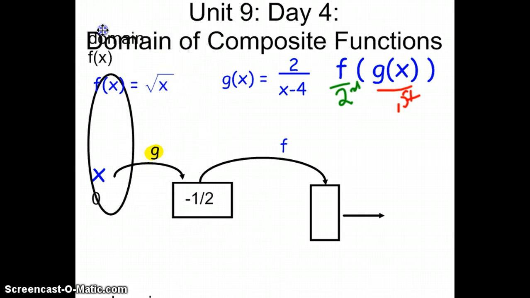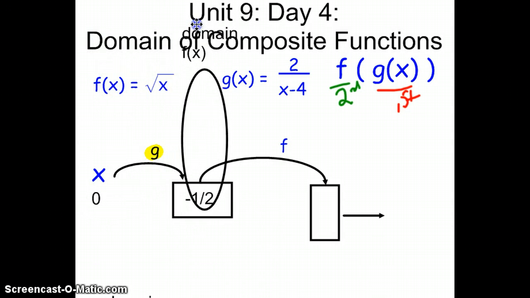So the only values that can go in are the values that don't give me a negative square root. I can do 6 and I can do 5. I can do 5 and I can even do 4.05. But if I do any negative number like negative a half, it's going to give me a problem.